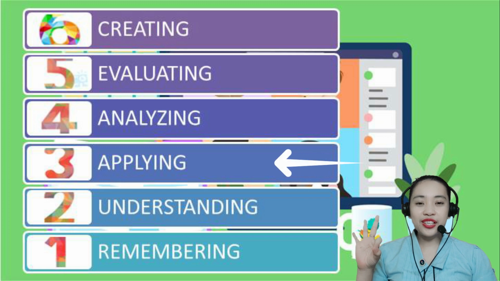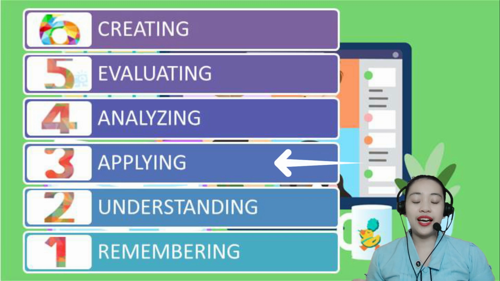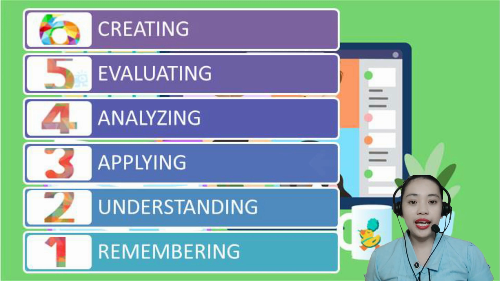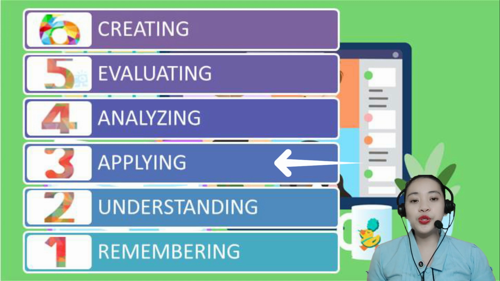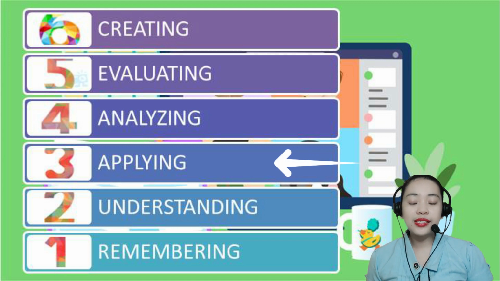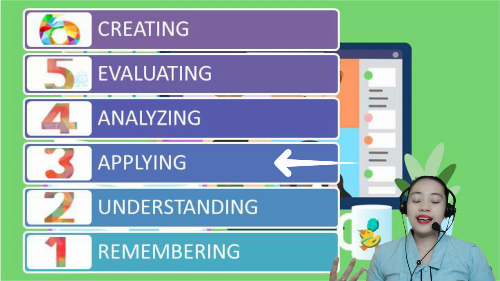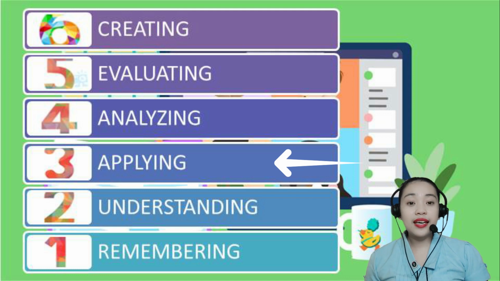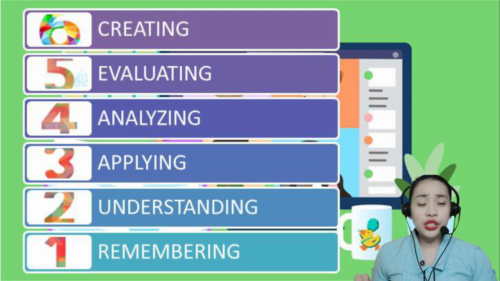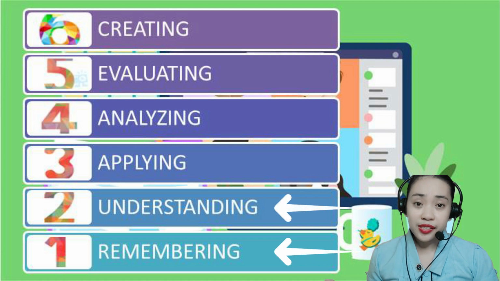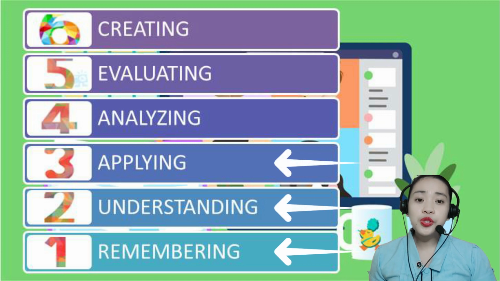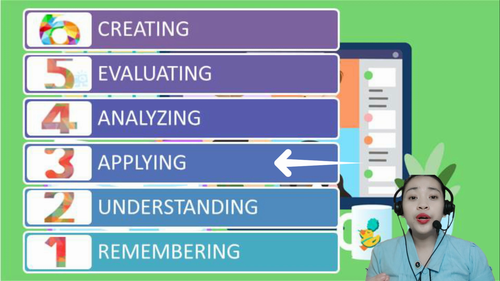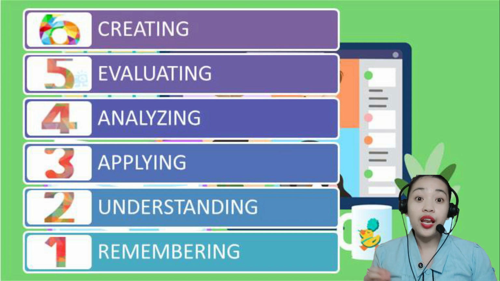The third level in the cognitive domain is applying, using information in another familiar situation. This includes implementing, carrying out, using, and executing. Now, those three, remembering, understanding, and applying, were identified as lower order thinking skills or LOTS.